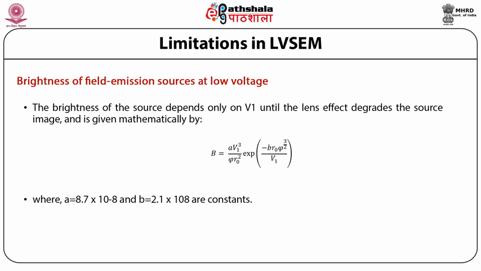The field emission sources have been known to produce high brightness but are commercially limited due to the following reasons. First, the requirement of 10 to the power minus 8 Pascal or 10 to the power minus 10 torr vacuum in the range around the emitter tip.